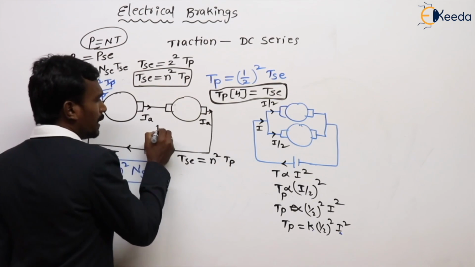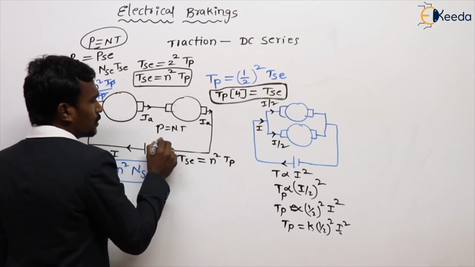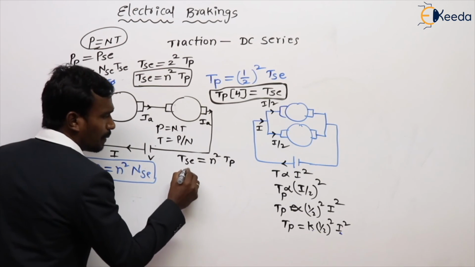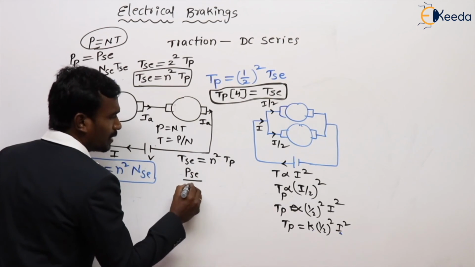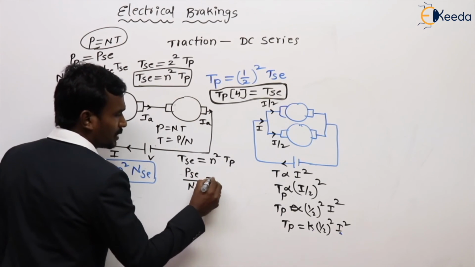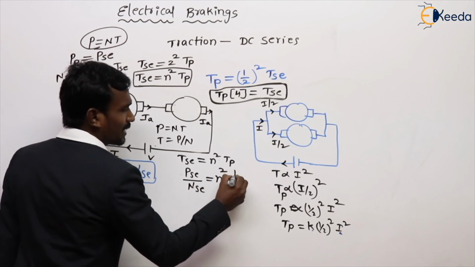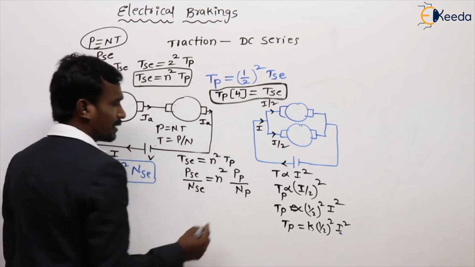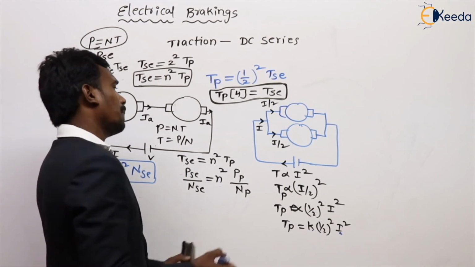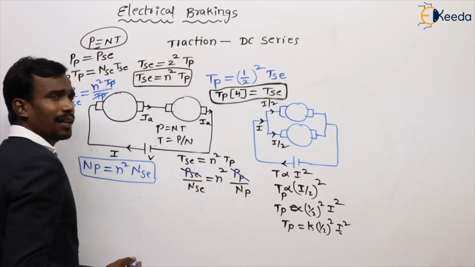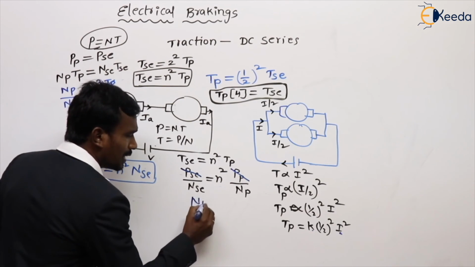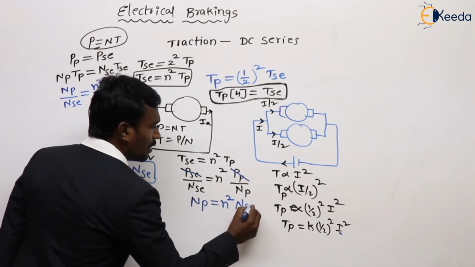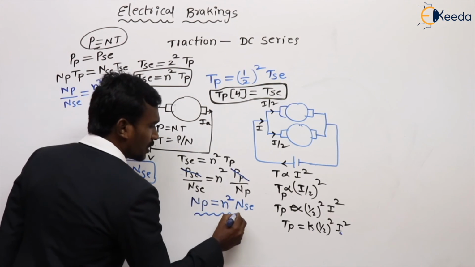We know P is equal to NT, so T is equal to P by N. So the power in series connection by the speed in series connection is equal to n² times the power in parallel connection by the speed in parallel connection. The power is the same for series and parallel, so the speed in parallel connection is equal to n² times the speed in series connection.